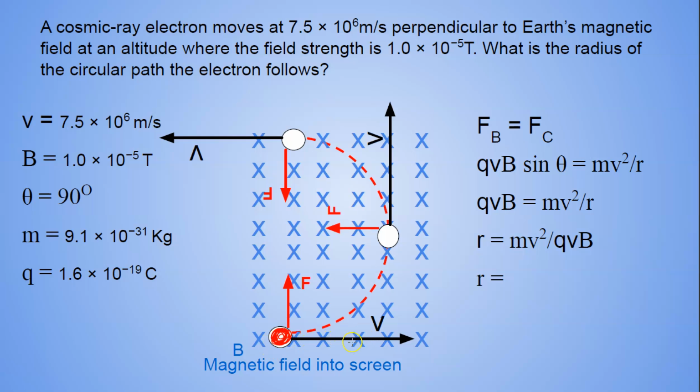The magnetic field is into the board. So I have to point my fingers to the right, curl them into the board, and the force vector points up. Right there, that red arrow. Point your fingers this way, curl them into the board, thumb points up. So it gets a force upwards, right?